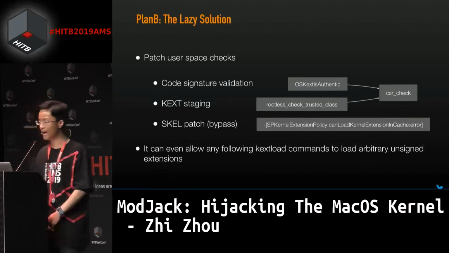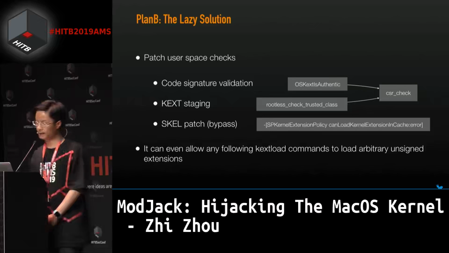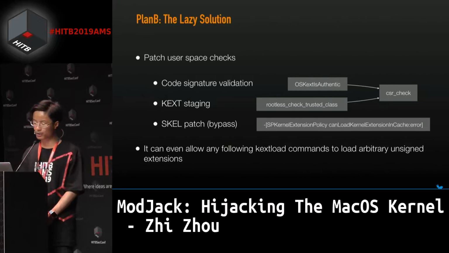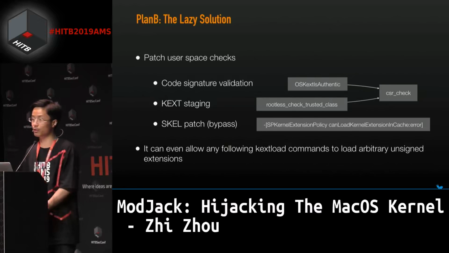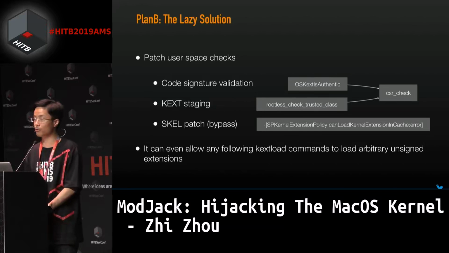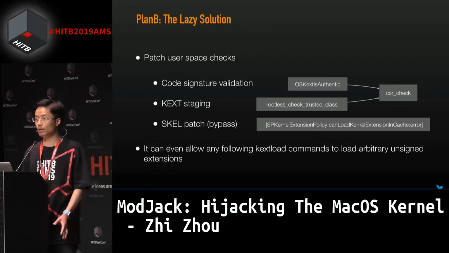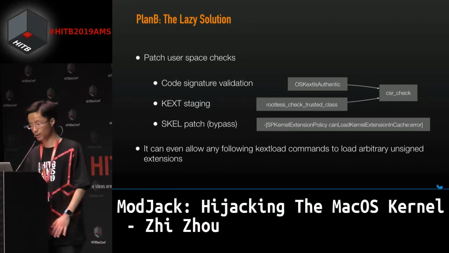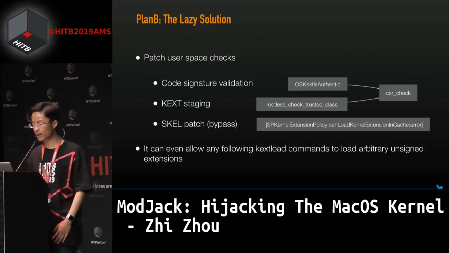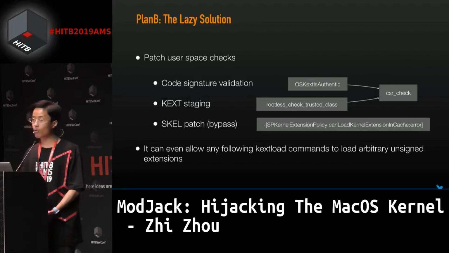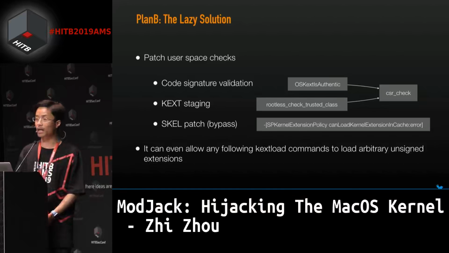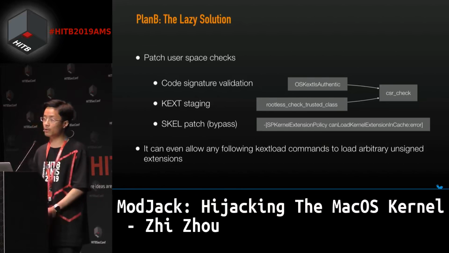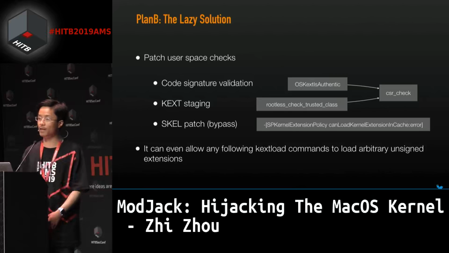We can simply patch those user space checks like signature validation and staging. What is staging? As we mentioned before, when we try to load an extension, it must be put in some secure location, in case some other process modifies the loaded extension. These two checks will finally reach the CSR check function, which tells the program the state of SIP.